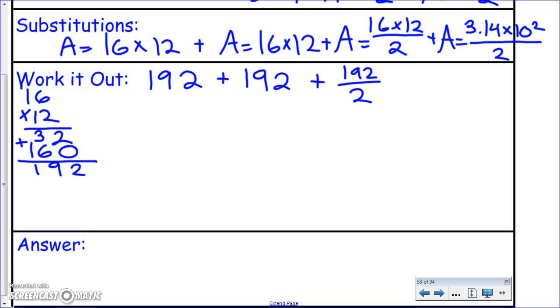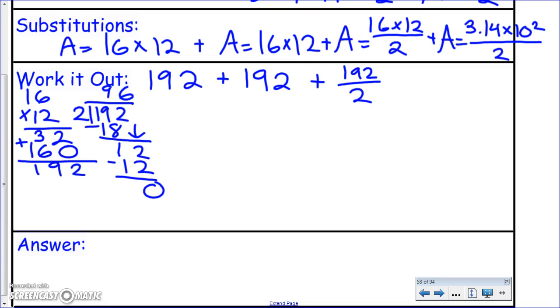So we have 192 plus 192 plus 192 divided by 2. So we're going to go ahead and do that part next. Okay, so we know 2 goes into 19 9 times. Minus 18. Get a remainder of 1, bring down the 2. 2 goes into 12 6 times. So our triangle area is going to be 96.